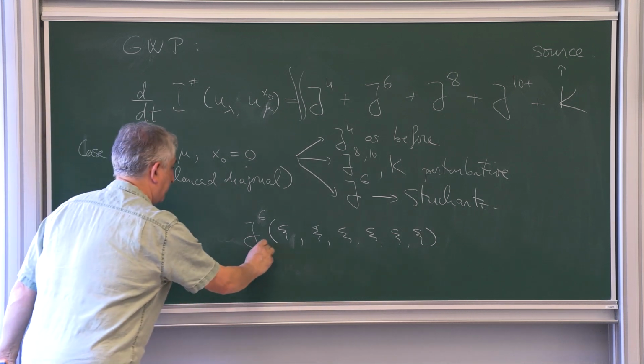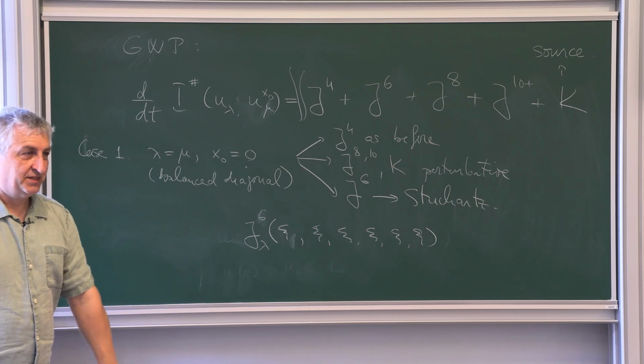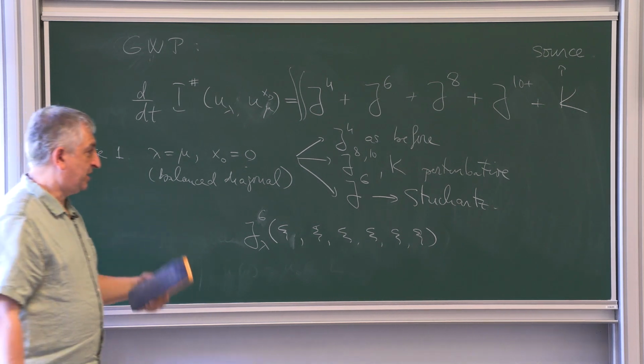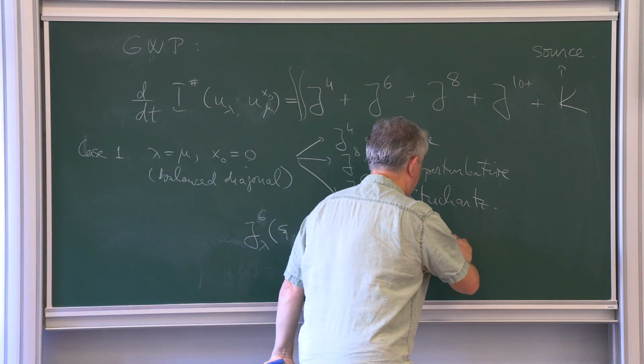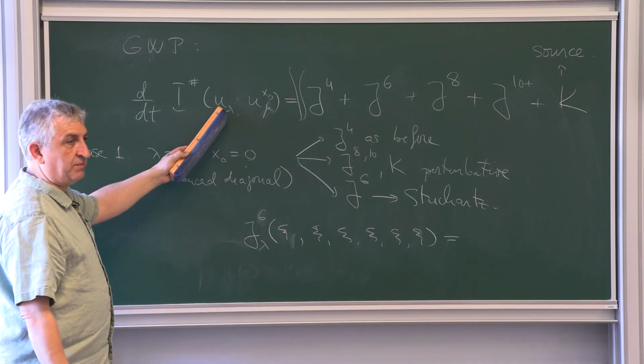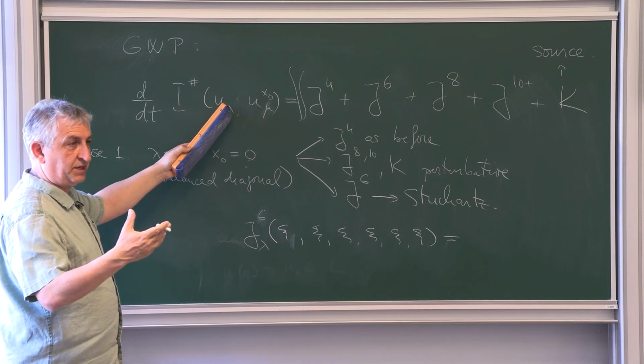Let me put a lambda in here. And what is this symbol of J6? At the end of the day, you do your computation, and you get the following. So first of all, when we localize to frequency lambda, we have the multiplier that gives us the localization at frequency lambda.